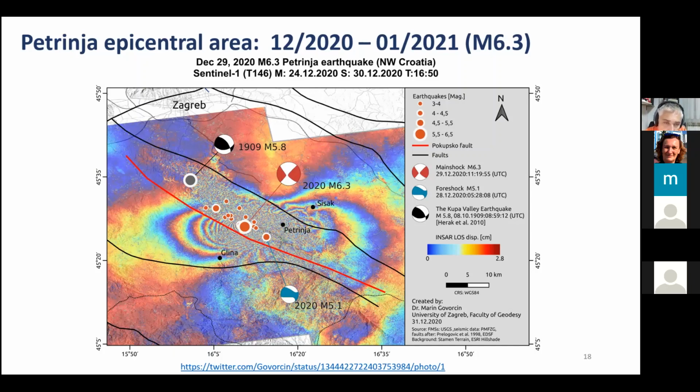As you can see, there are a lot of smaller points marking the weaker aftershocks that took place there. Once again, this interferogram was provided by my colleague from the Faculty of Geodesy, Marin Gorchin, and you can access this image at the link given at the bottom of your screen.